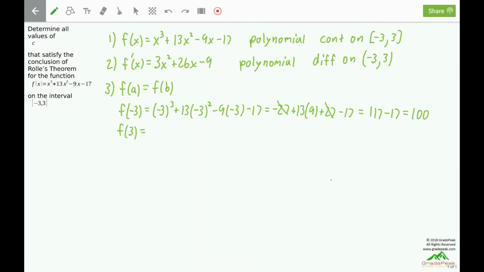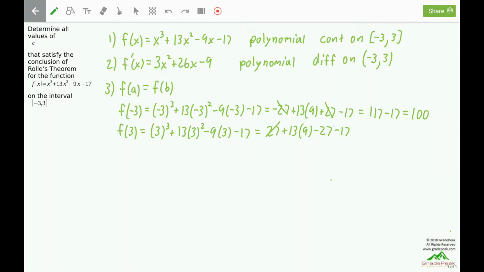F of 3 will be 3 cubed plus 13 times 3 squared minus 9 times 3 minus 17. This will equal +27 plus 13 times 3 squared, which is 9, minus 9 times 3 is -27, and then minus 17.